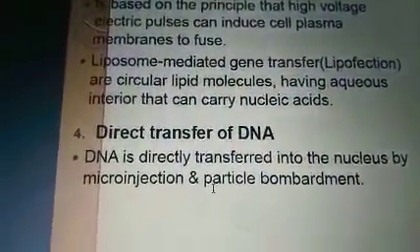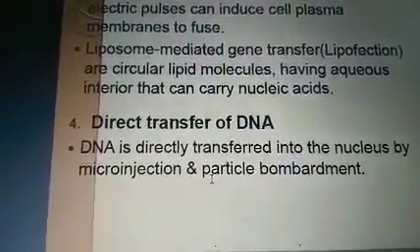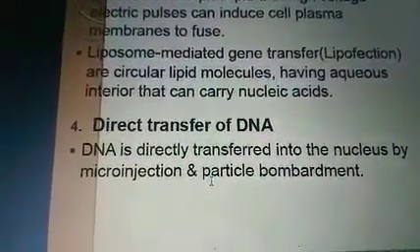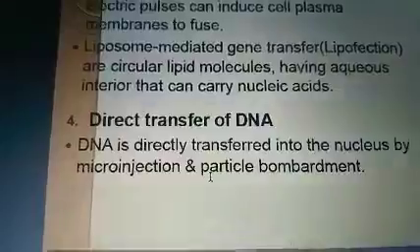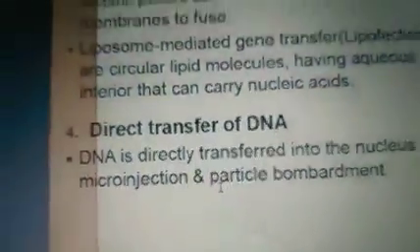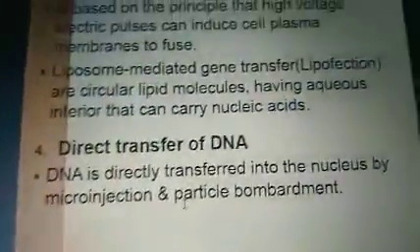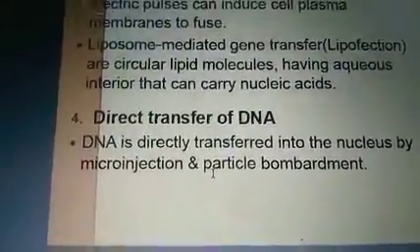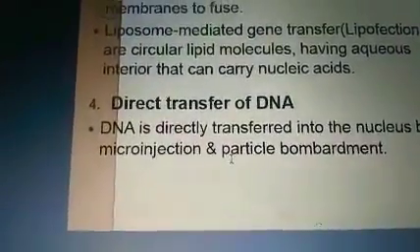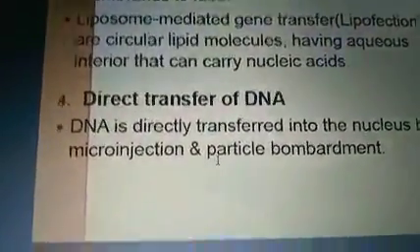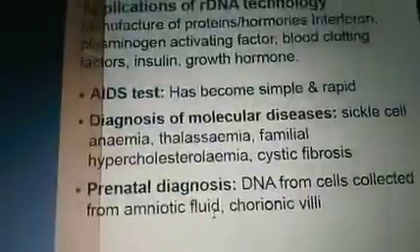The nucleic acids are attached to the liposomes, and it is transferred. Direct transfer of DNA is done by using microinjection, or a gene gun, which leads to particle bombardment: like a gun shoots, the desired recombinant DNA enters the cell.